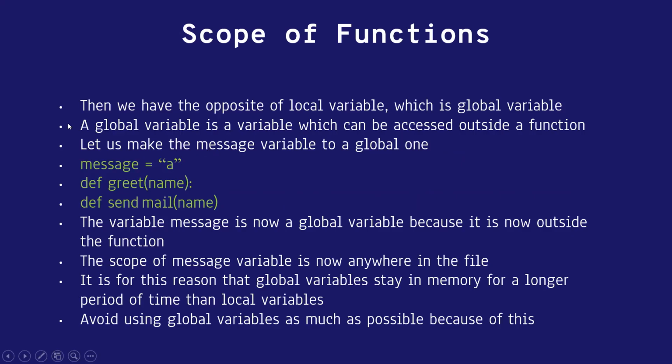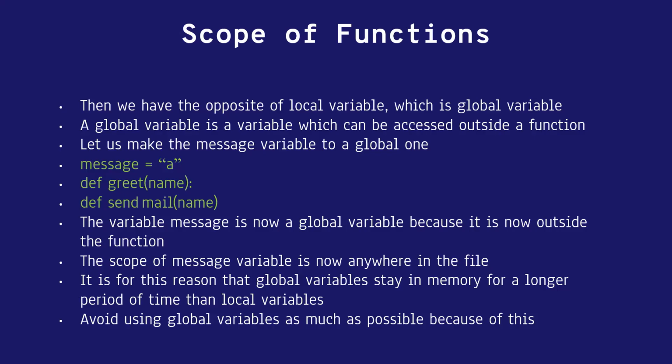Then we have the opposite of a local variable, which is the global variable. A global variable is a variable which can be accessed outside a function. Let us make the message variable a global one. So when we define this, you can see we define message equals A, and we define two functions: greet, which has the parameter name, and send mail, which has the parameter name.